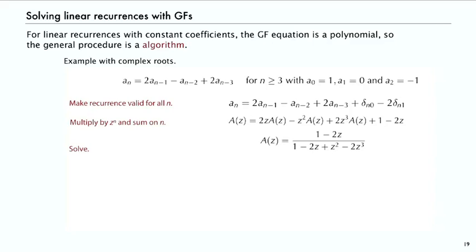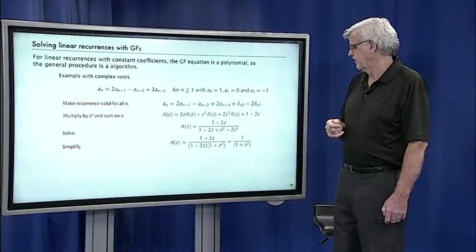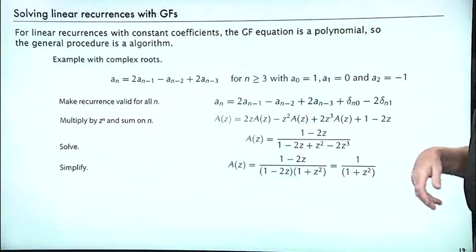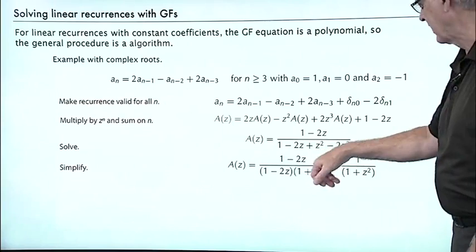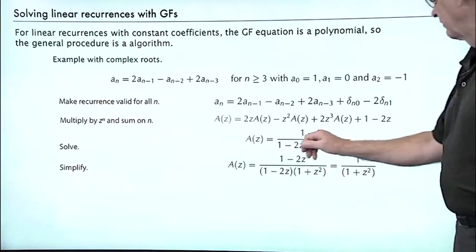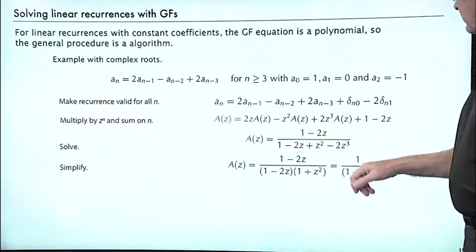The degree of the polynomial is equal to the degree of the recurrence. In this case, what happens is 1 plus z squared is one of the factors of the denominator, and again the numerator cancels.